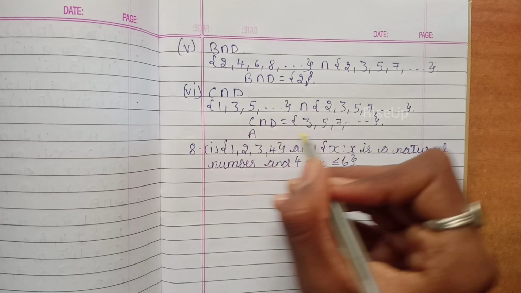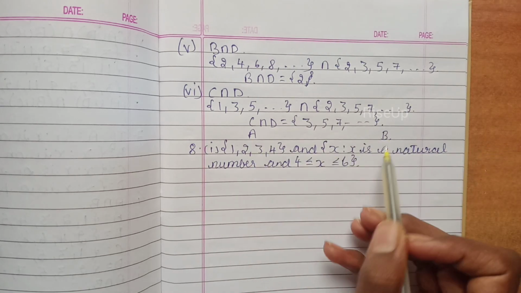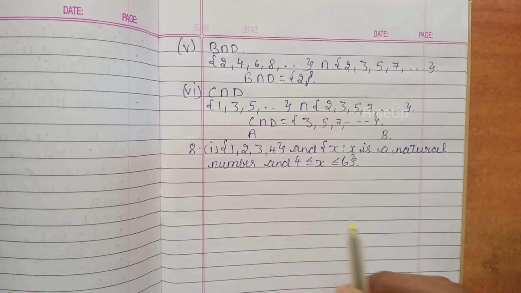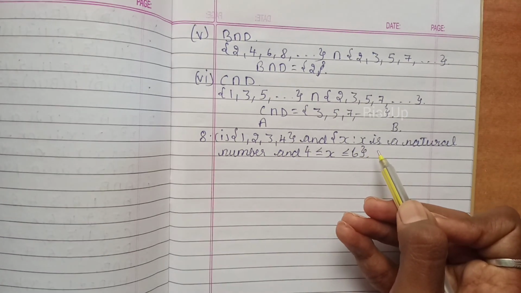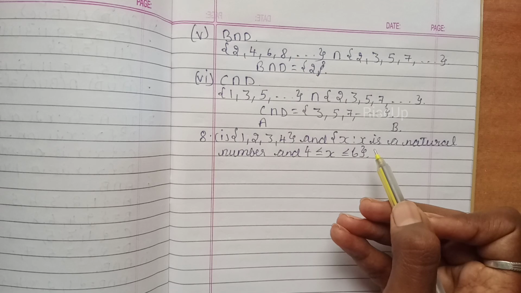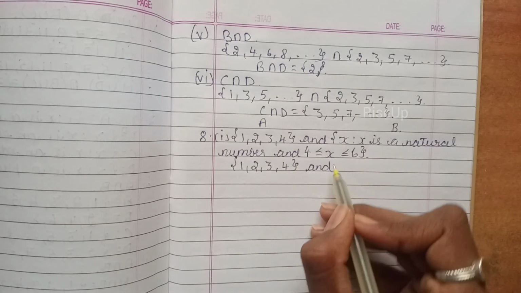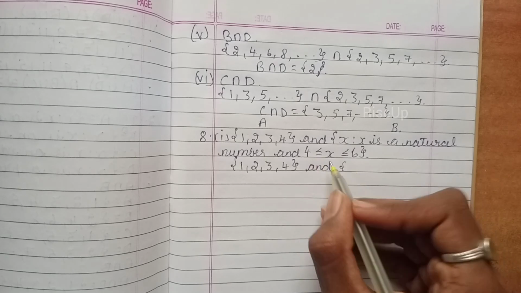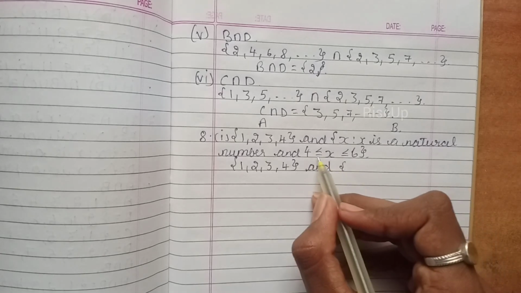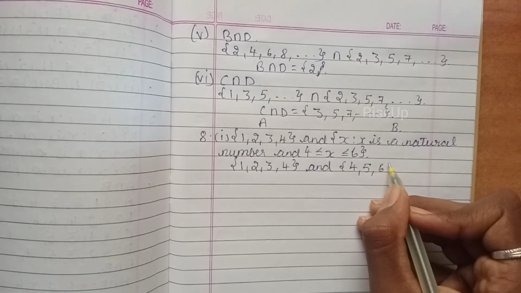Let us assume this as A and this as B. Here B is represented in set builder form, we'll write it in roster form. x is a natural number where x is greater than or equal to 4 and less than or equal to 6. If equality is mentioned, 4 is included in the set. 4, 5, 6.